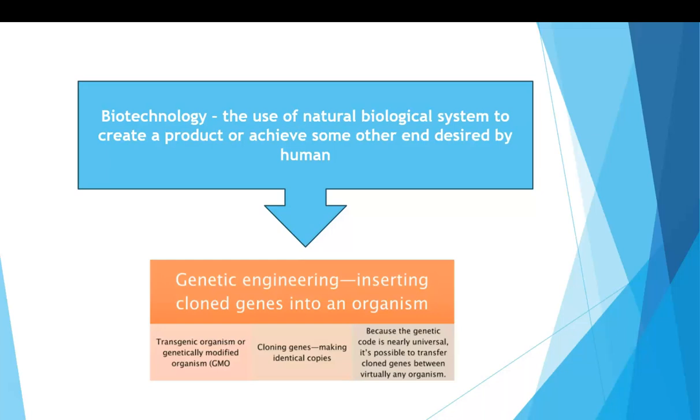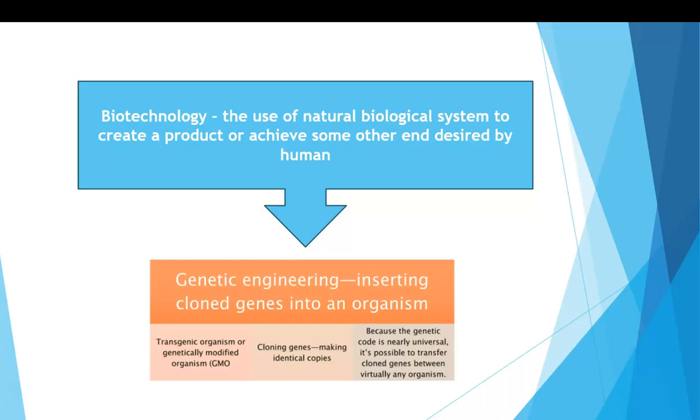Genetic engineering is one of the techniques we have in biotechnology, in which we insert a gene of interest into an organism. We introduce foreign genes from another organism into a cell, for example a bacterium, and then we produce a transgenic organism that is genetically modified.